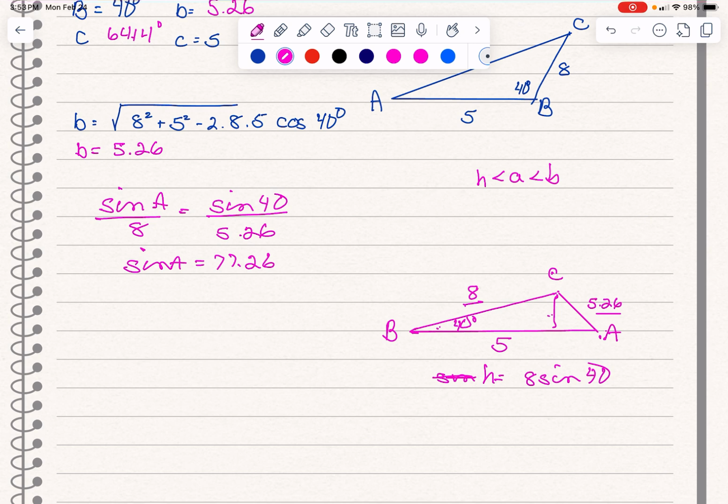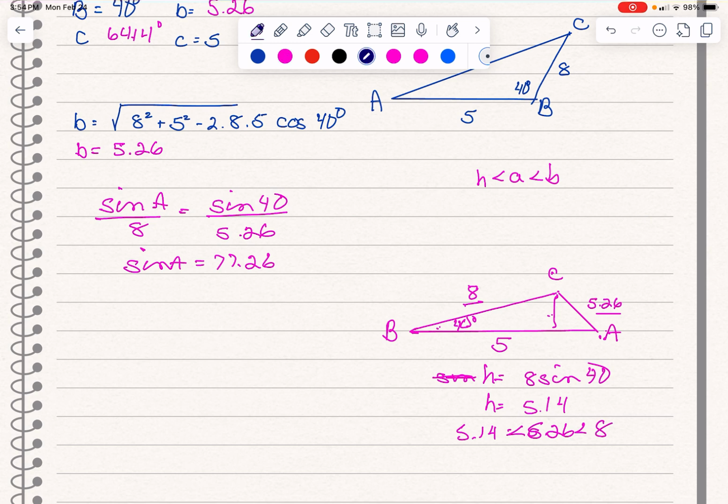So H is the sine of 40 degrees times 8, and when we calculate that, we get 5.14. So H is 5.14, A is 5.26 and B is 8. That tells us we have the ambiguous case.